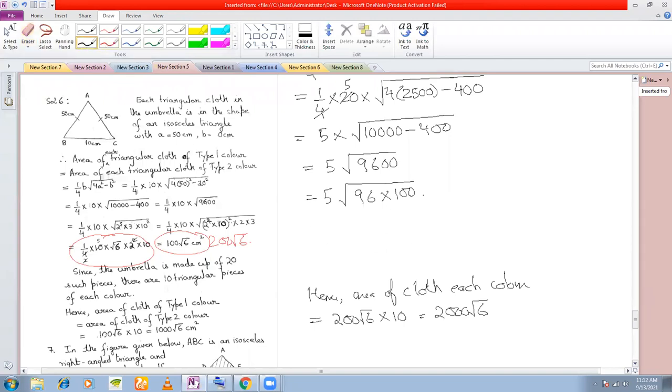So here you are getting the factors as 2 to the power of 5 into 10 into 10 square, right?